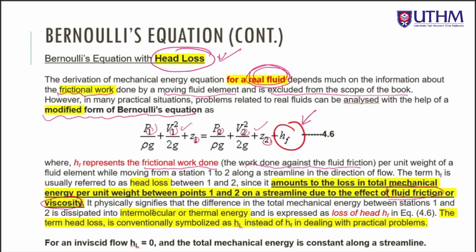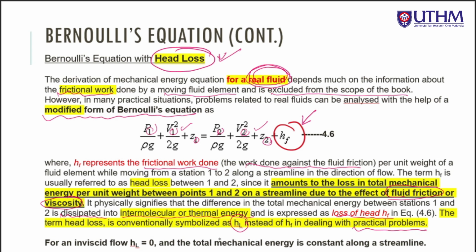It physically signifies that the difference in the total mechanical energy between station 1 and 2 is dissipated into intermolecular or thermal energy, and is expressed as loss of heat. The term loss is conventionally symbolized as HL instead of HF in dealing with practical problems. So it doesn't matter.